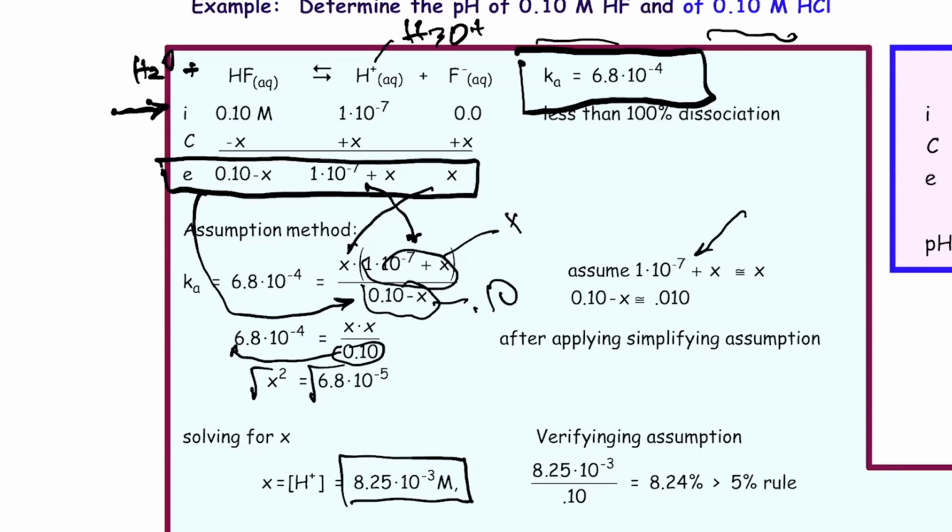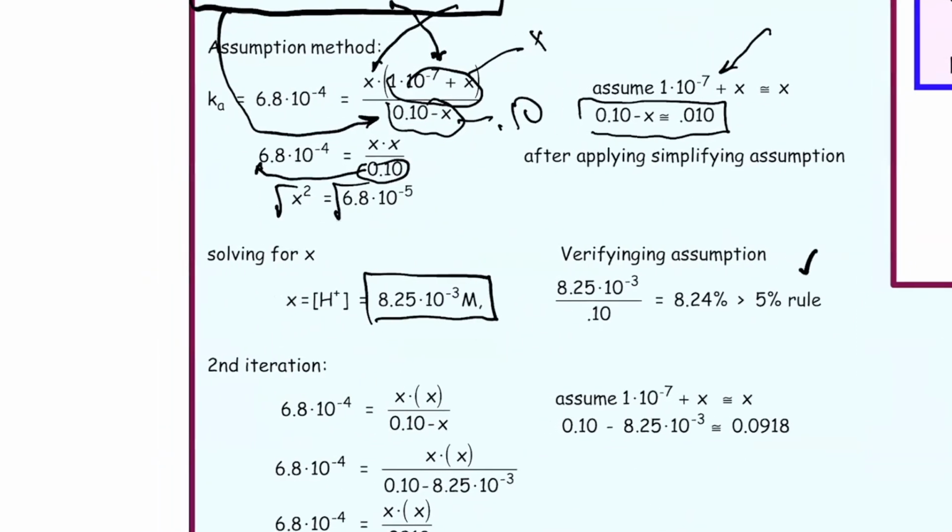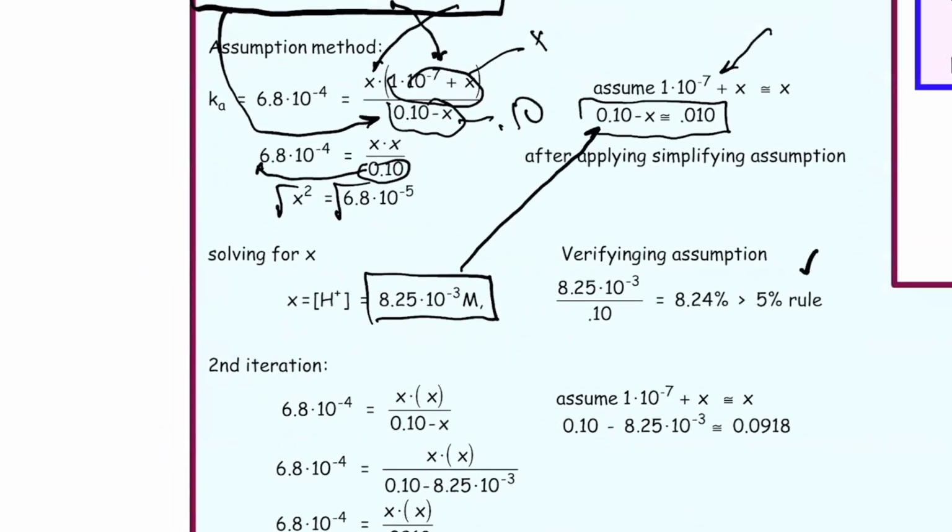But this assumption over here is not so valid. If you take 0.1 and you subtract 0.008, it's not really 0.1. That number is too big. In fact, if you use the 5% rule, you see that it's 8.24%. So what can we do to improve this? What we can do is use this X value right here and make that assumption better.